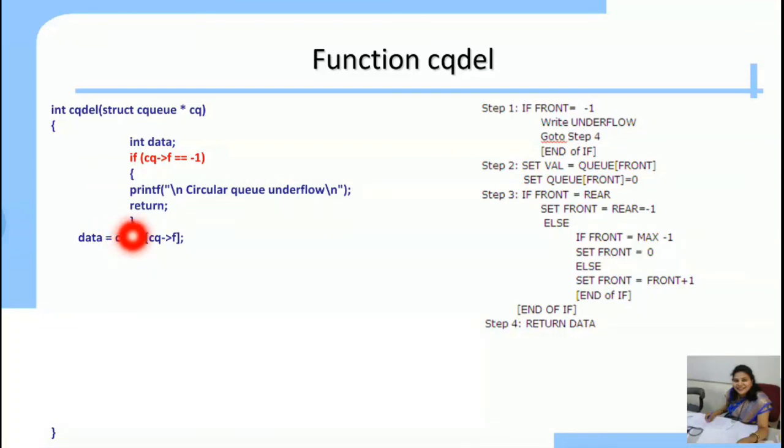How? Data is equal to the value which is at the front. So data is equal to CQ of A of CQ of F, meaning whatever is present at the front location of the array is stored into data. After that we make that 0. How? A of F is equal to 0. So CQ of F is equal to 0. This is step 2.